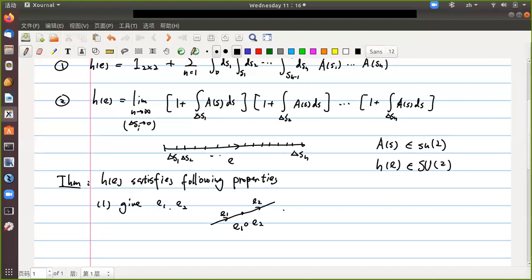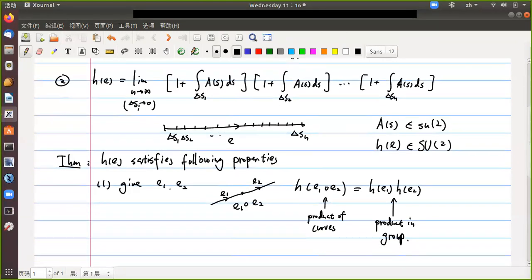And by composing these two curves, the holonomy of the new curve e_1 circle e_2 equals h_{e_1} multiplied by h_{e_2}. So this is a product of curves, and here it is a product in the group.